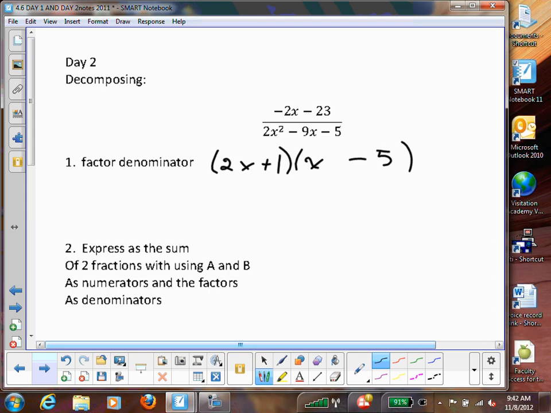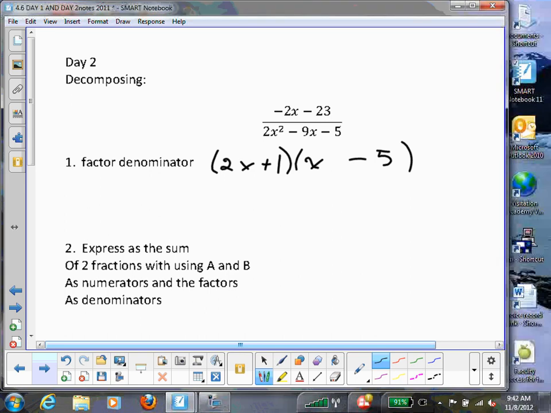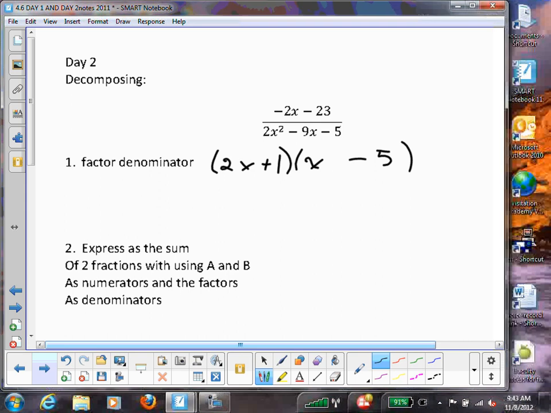You can use your box method. You have to start becoming very quick when factoring because I learned trial and error, and because I've done it so much, I can see the patterns. I just knew if I need negative 9, I need to get negative 10 and a positive 1. The only way I can get negative 10 is if the first and the last give me the largest value.